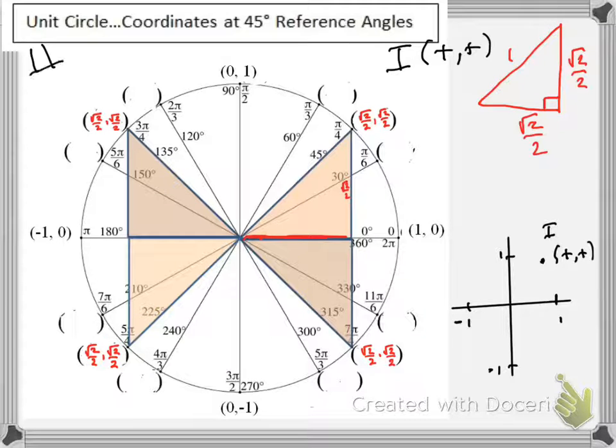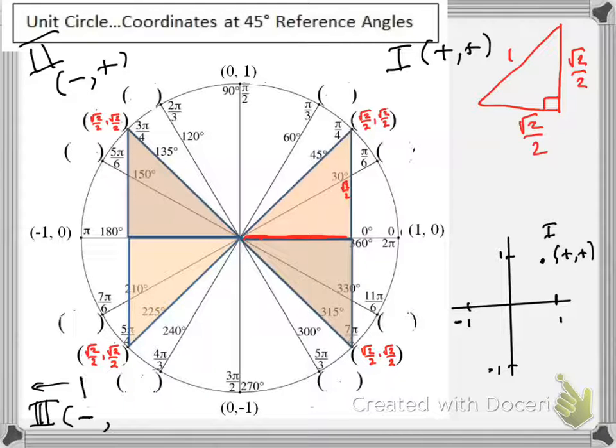Quadrant 2, however, I'm going left on my x's, so I'd have a negative x, but I'd still have positive y because my y's are still going up. If I look at quadrant 3, my x's are going left, so they're negative.